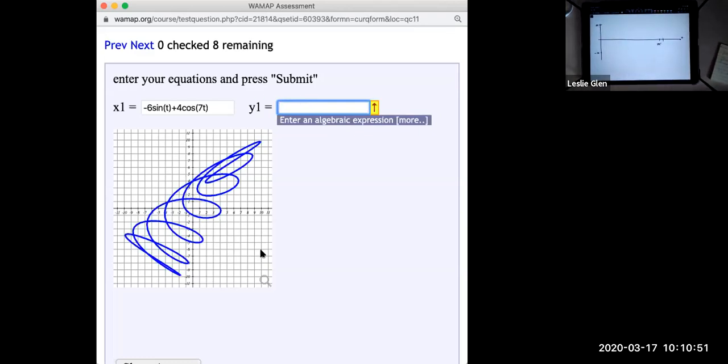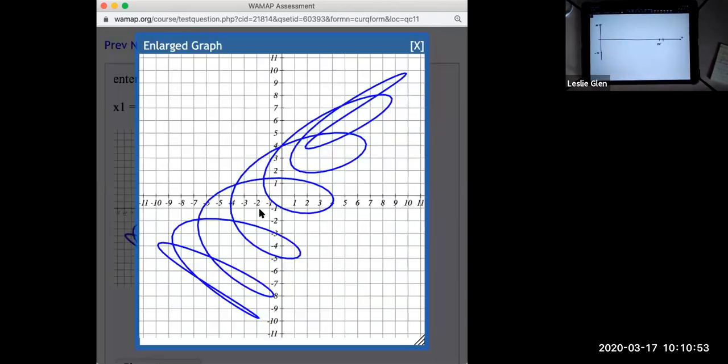Okay, so from the same point here, I'm now looking at the y values. The y value there is 4. Having started in the same place, I need to go in the same direction. And the next time I come to a maximum or a minimum for y, it will be down here.